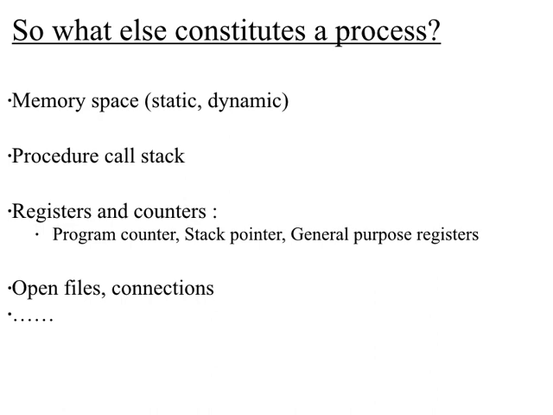In addition, there is also state that's maintained by the operating system on behalf of each process. For example, if a process opens certain files, then internally the operating system would maintain information such as the file name, the file descriptor, and in what mode the file was opened. If a process opens a network connection, for example a TCP connection to communicate with another computer over the network, then the information about that network connection may be stored inside the operating system.